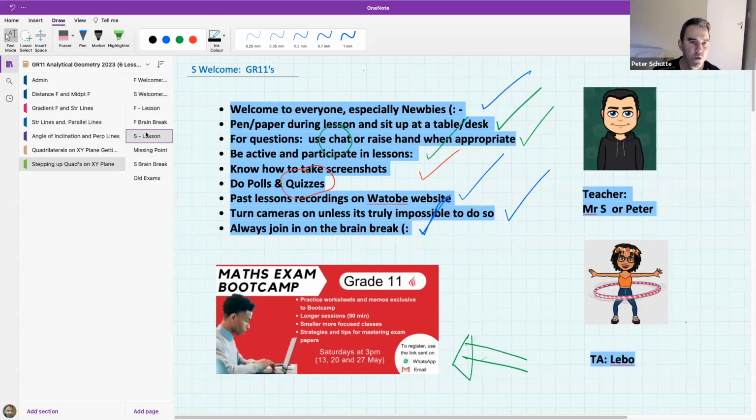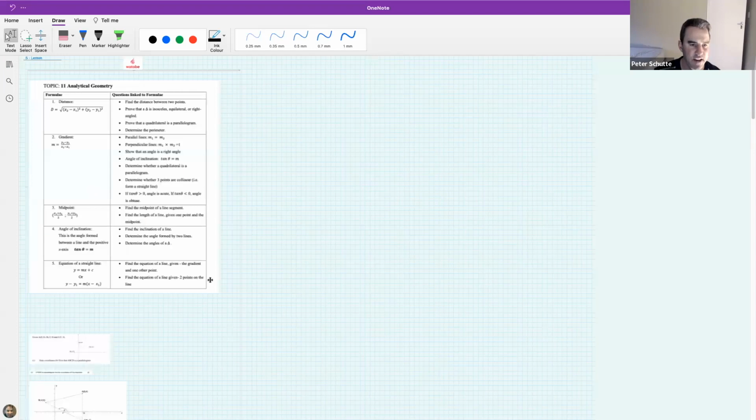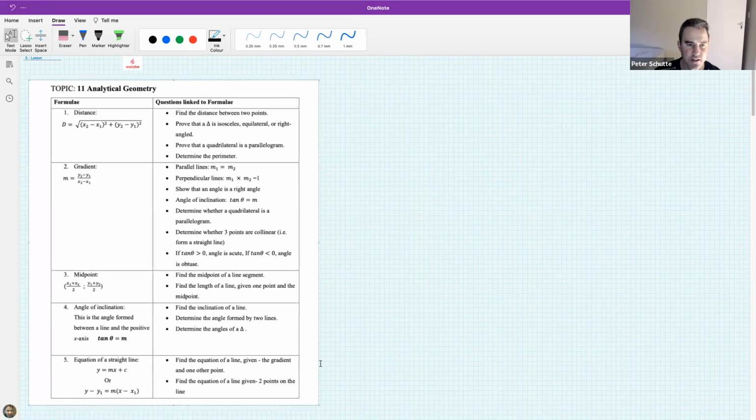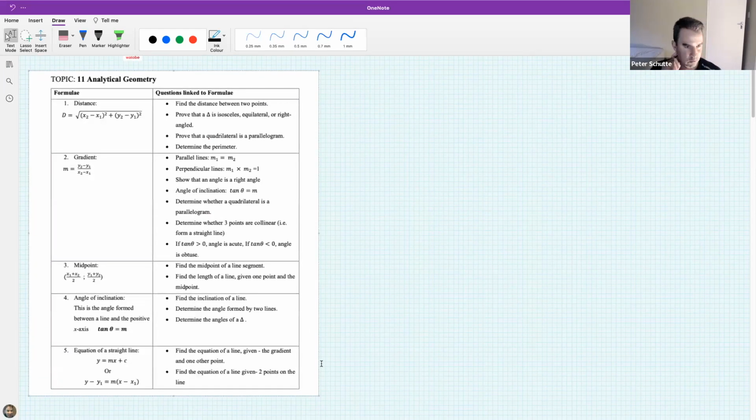Okay, so I just want to quickly have a little bit of a look at the topics in our last lesson. Obviously we do as much as we can. We can't do every single thing, but it's nice to have a look back. The main tools you have taken in are the distance formula, the gradient formula, the midpoint formula, how to find the angle of inclination, and the equation of a straight line.